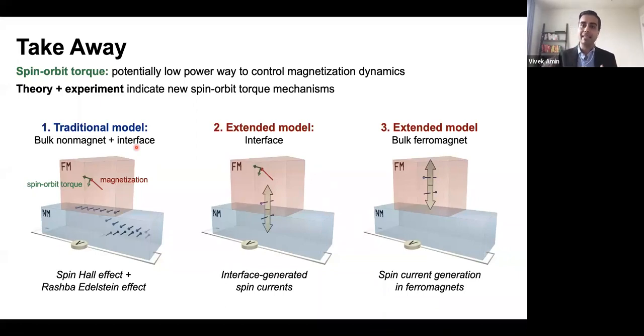Then I'll talk in the next two sections about how we can potentially extend this model to incorporate new effects that occur both at the interface and in the bulk of the ferromagnet. Specifically at the interface, spin-orbit scattering can generate spin currents, which can exert torques. And in the bulk of the ferromagnet, spin currents can be generated where the spin direction is transverse to the magnetization, and that can exert torques at the layer boundaries.